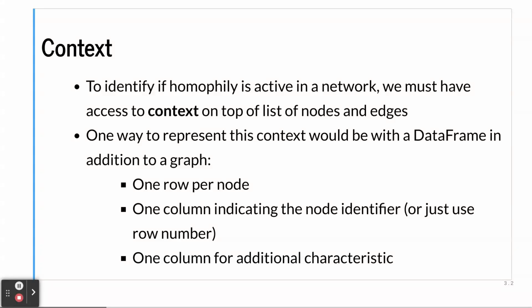If we're thinking about a social network, we may have the ID column as the name or username of the individual if we're thinking social media. And then the additional columns might include things like age, race, gender, home location, business you work at, schools you've attended, etc.